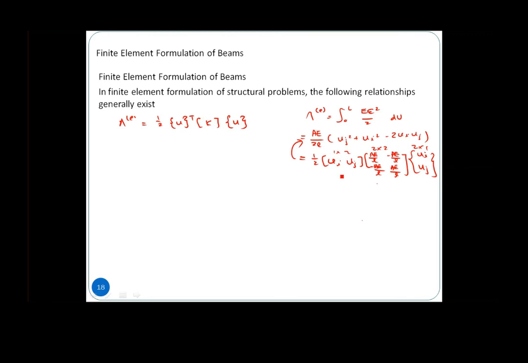This is our U transpose, this is our U, this is our K, and this is 1 over 2.